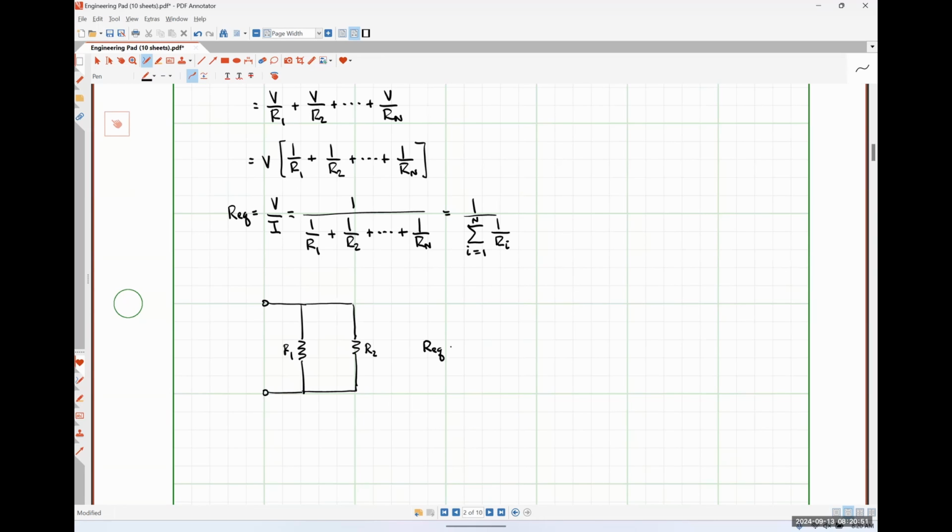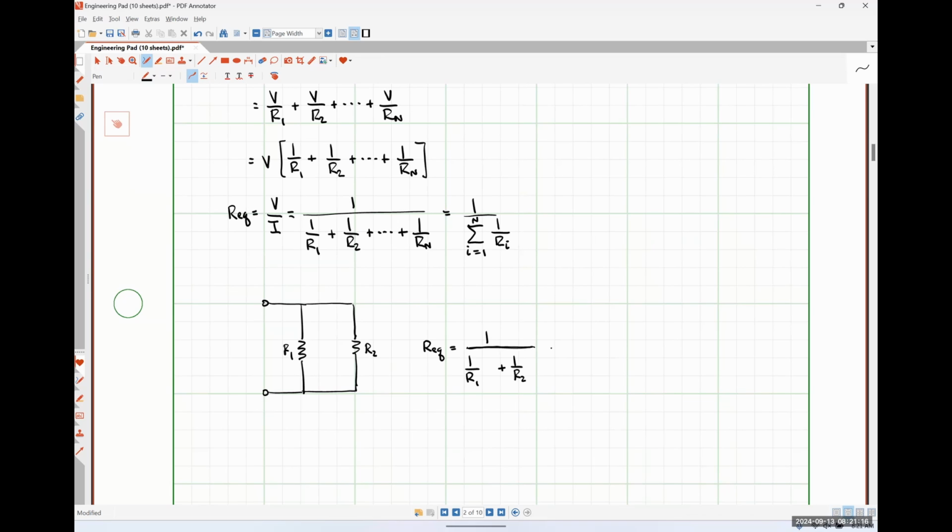According to the relationship that I just gave you guys, the equivalent resistance of this network would be 1 over 1 over R1 plus 1 over R2.